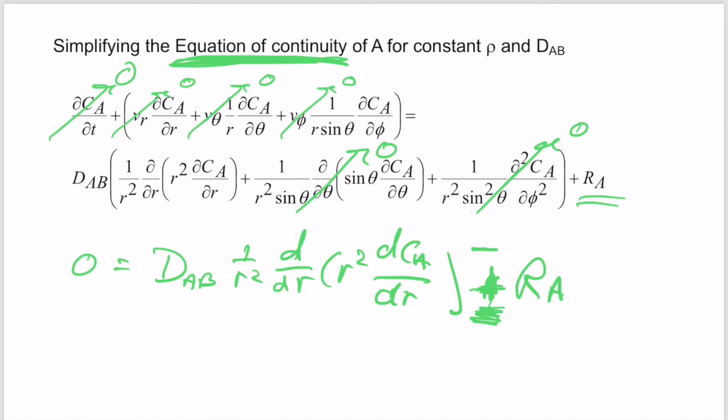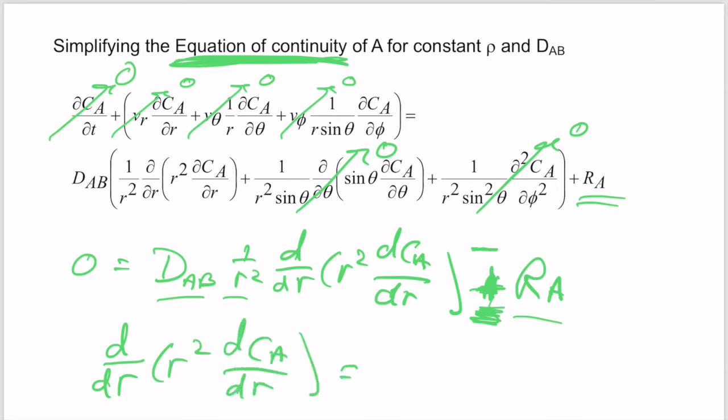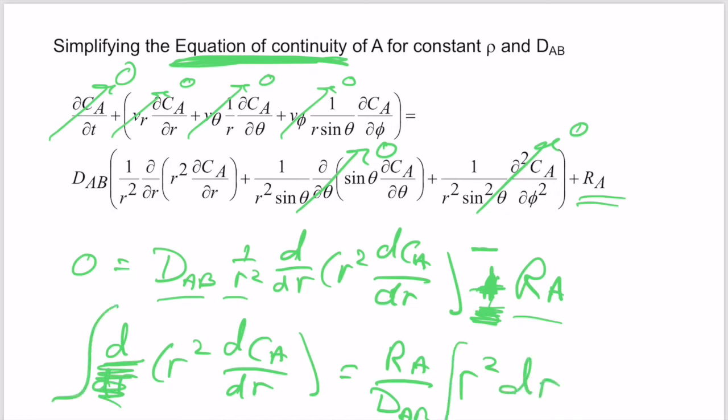Let me rearrange this a little bit. I'm going to put the reaction rate on the other side and divide by diffusivity, multiply by r squared. And so then I get d by dr, r squared dCA dr is equal to RA over the diffusivity times r squared. All right, let me do one more thing. I'm going to take this dr and pull it over here. And now I'm ready to integrate.